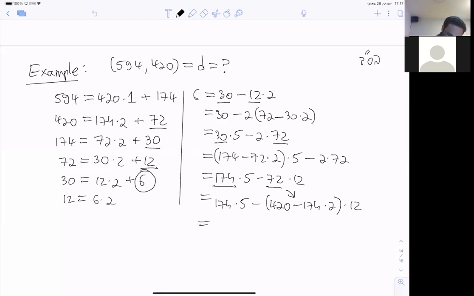So gathering together the coefficient of 174, we have 5 here and 24 here, so it is 29, and then 420 times 12. So I'm checking that again.